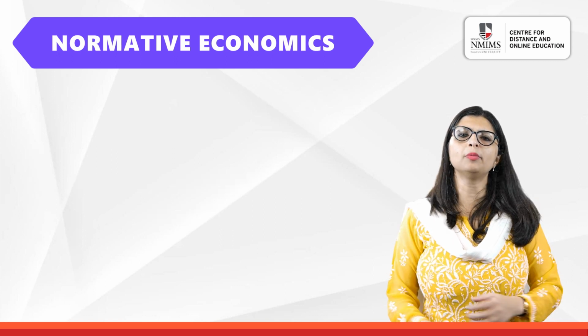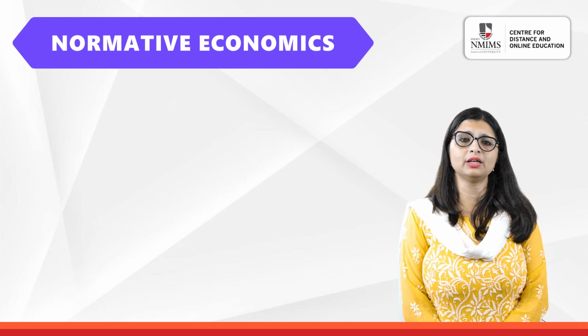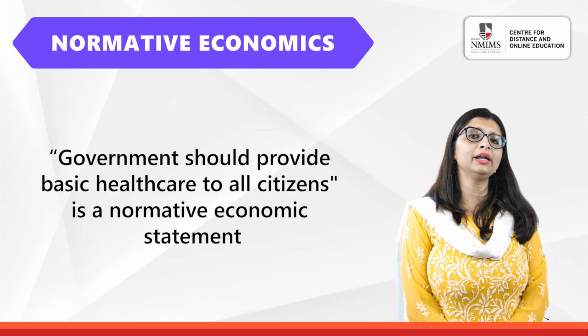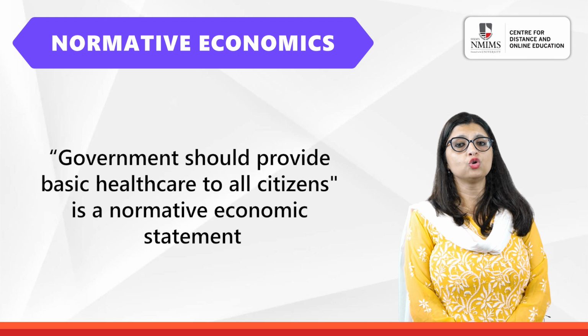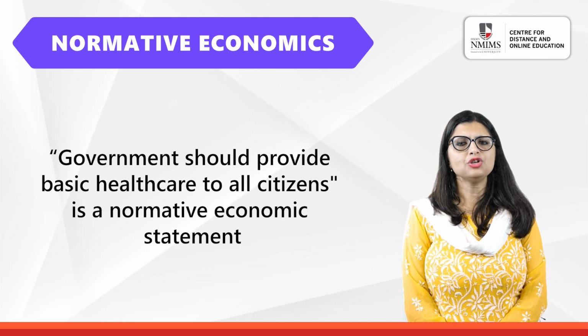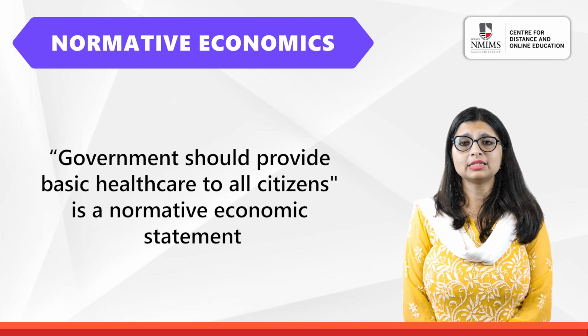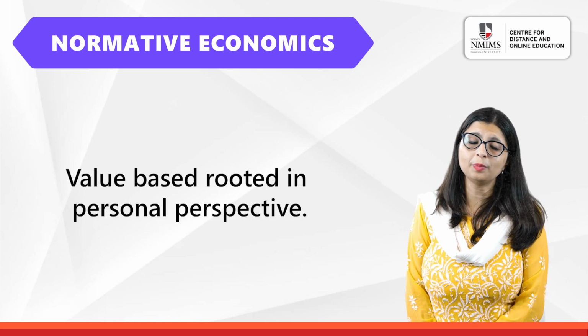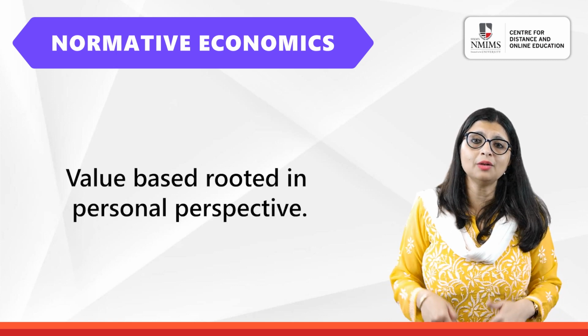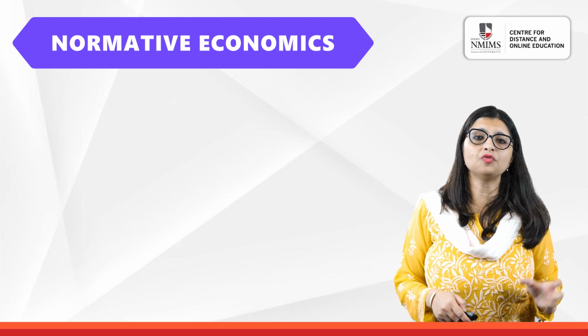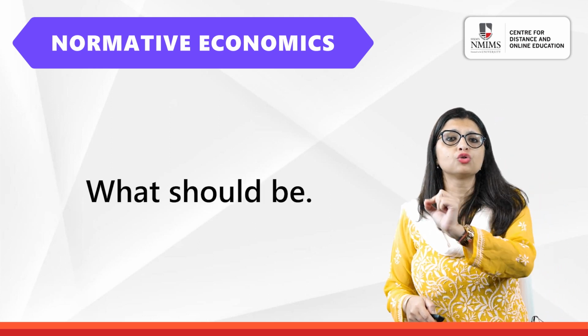An example of a normative economic statement is: the government should provide basic health care to the citizens. As you can deduce from this statement, it is value based, rooted in personal perspective, and satisfies the requirement of what should be.